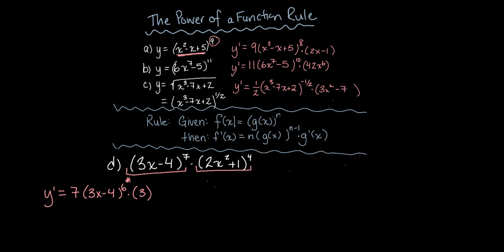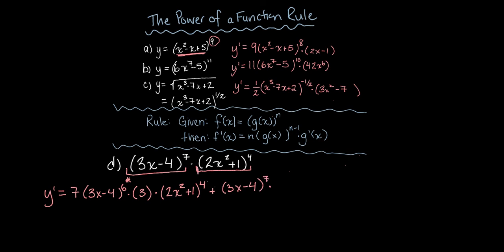So basically, we've just got the derivative of that star part. The product rule says get the derivative of the first thing, so we've done that, times the second thing, plus the first thing, times the derivative of the second thing.